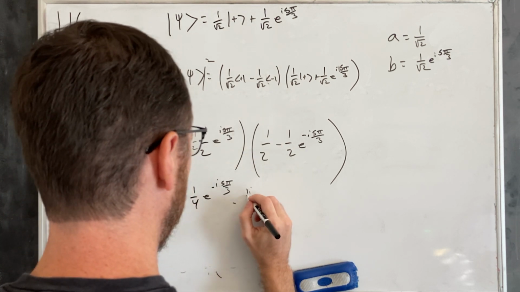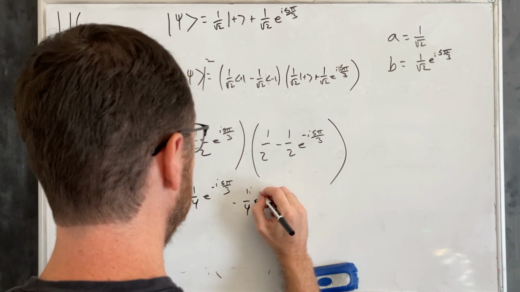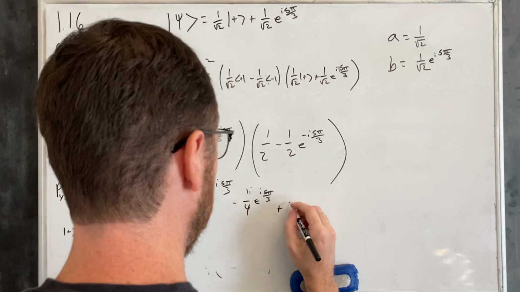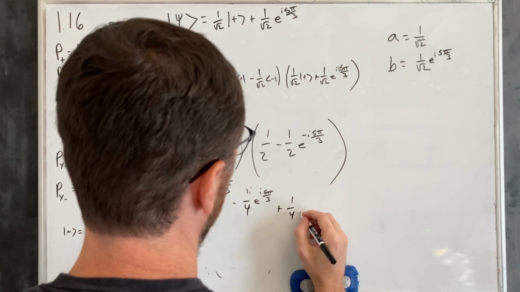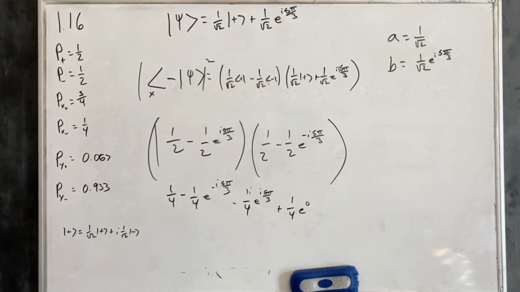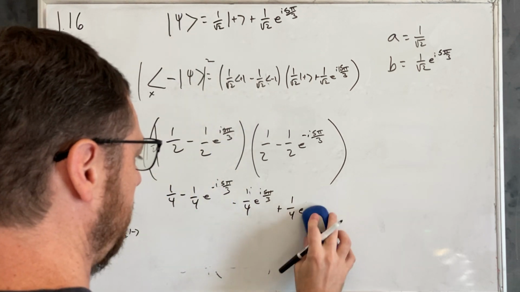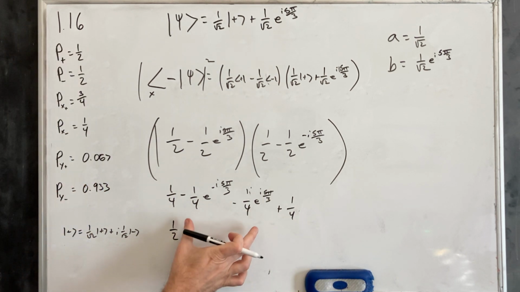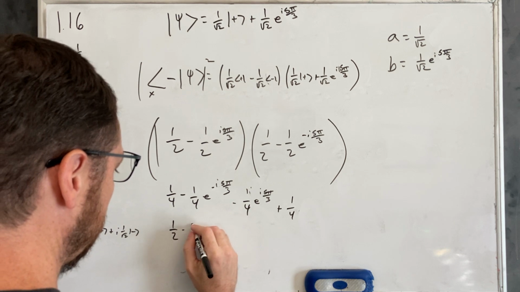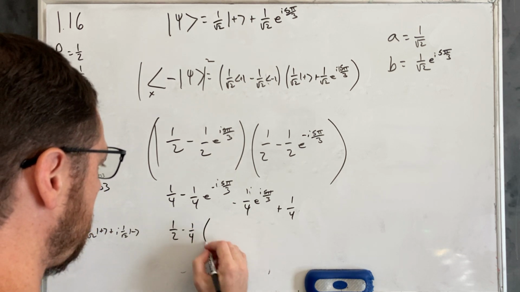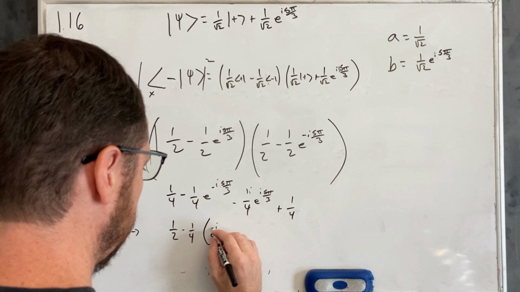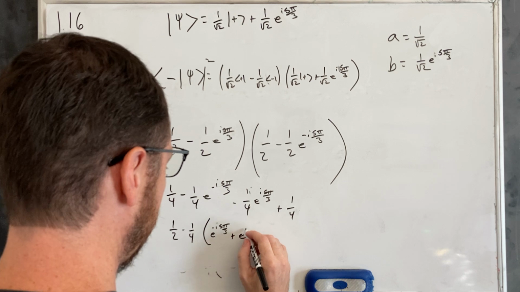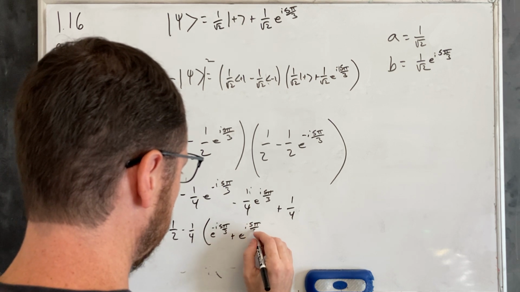And then minus 1/4 e to the positive I 5 pi over 3. And then plus 1/4 e to the 0. Okay, so get rid of that. Combine our 1/4, so 1/2. We can pull out our negative 1/4, so minus 1/4 e to the negative I 5 pi over 3 plus e to the positive I 5 pi over 3.